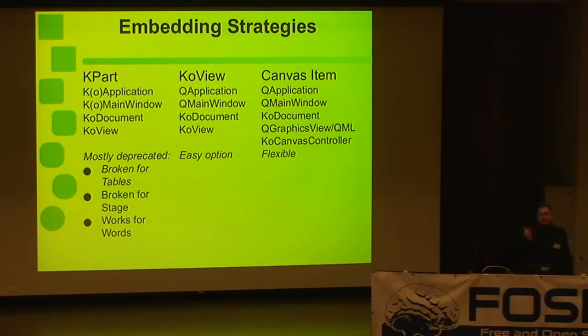So by now, Qt has two ways to handle widgets. They have the ordinary QWidget, and they have the newfangled, already deprecated widgets. The very first time we tried to embed Calligra into a mobile application, we used QWidget, because this was for Maemo, for Fremantle. It didn't have the fancy QGraphicsView widgets yet. So what did we do?